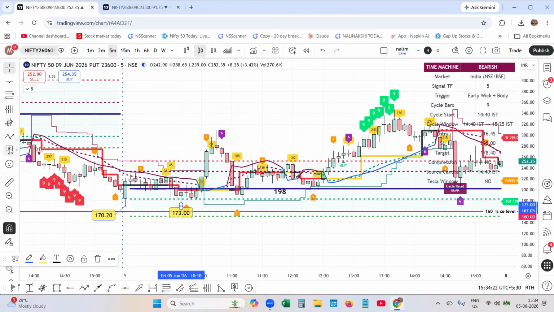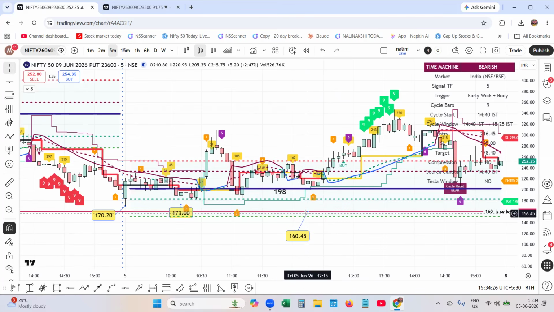Okay, this is the danger level. If the put option starts trading below 160, then call will dominate. If the call option trades above 198, call option will dominate.